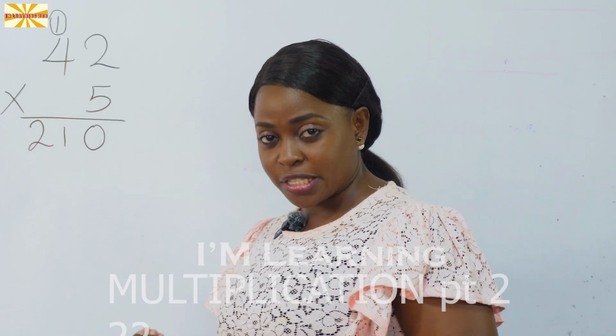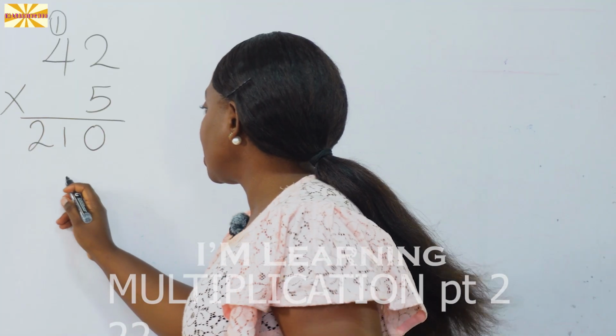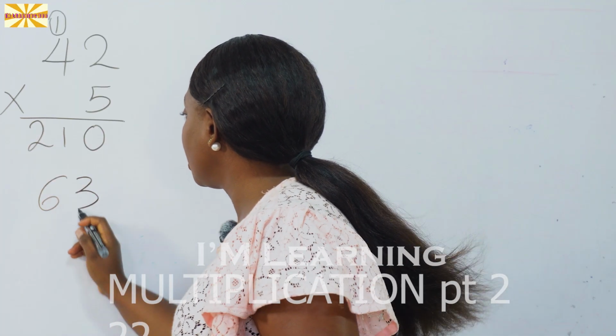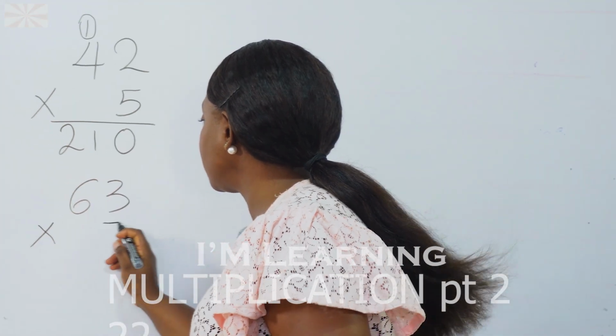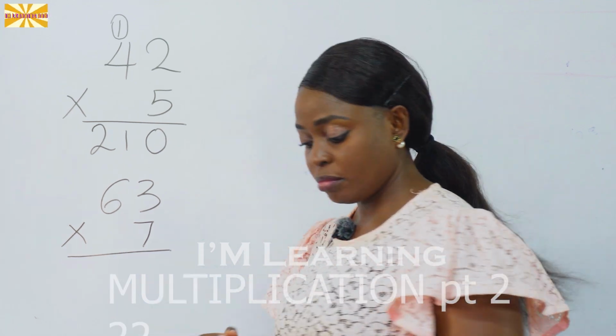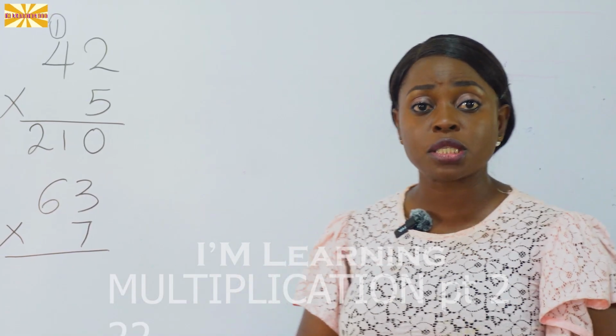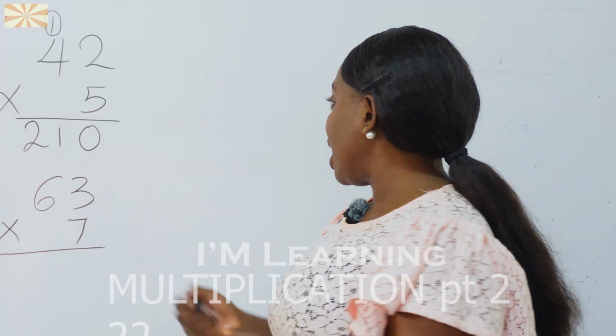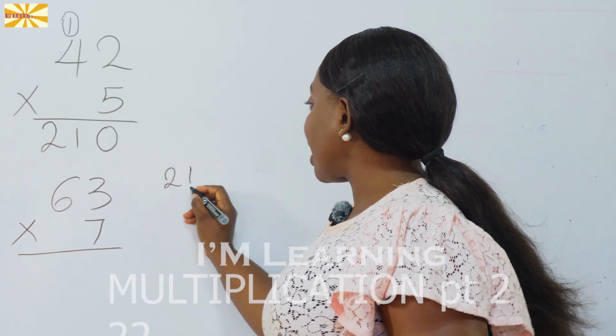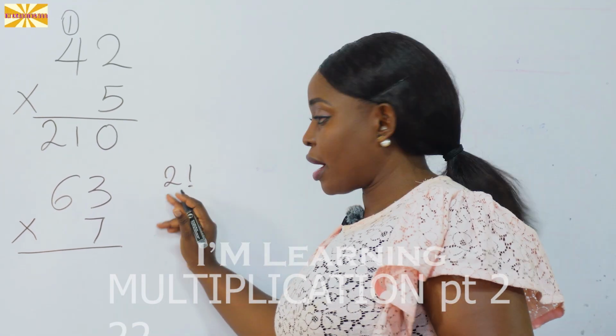So now let's look at another example, shall we? So let's look at 63 times 7. So we have 7 times 3 is 21. Now we have 21. I can only write the last number down. I can't write my 2.